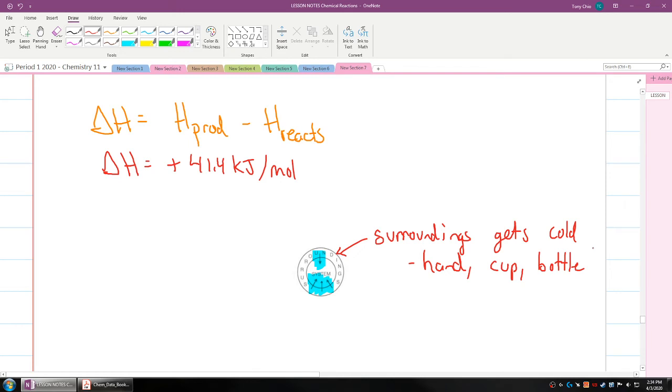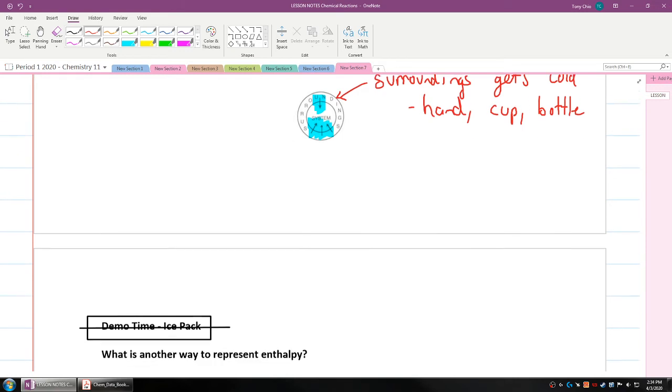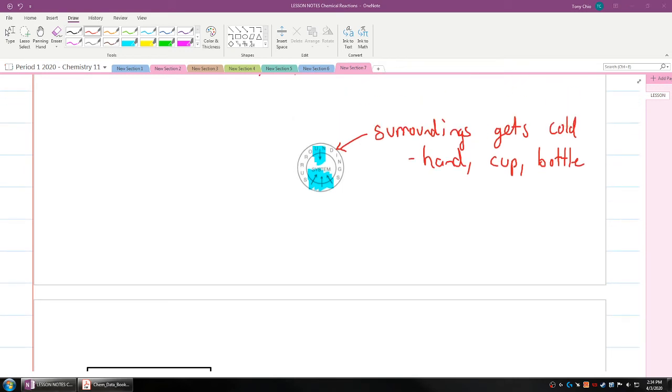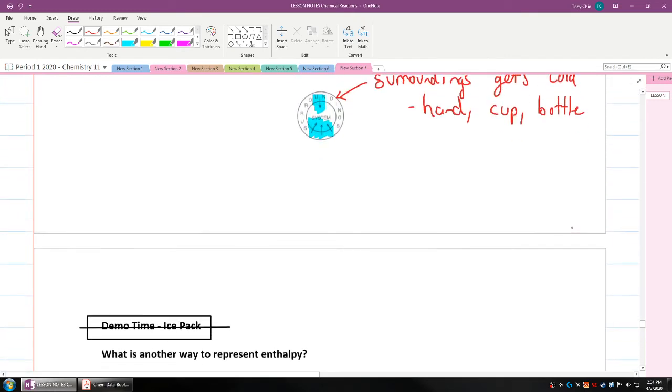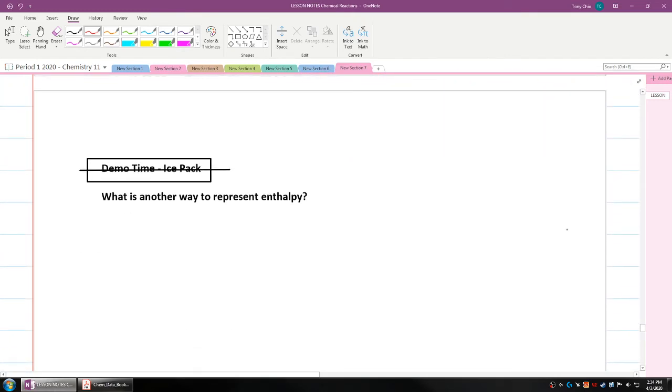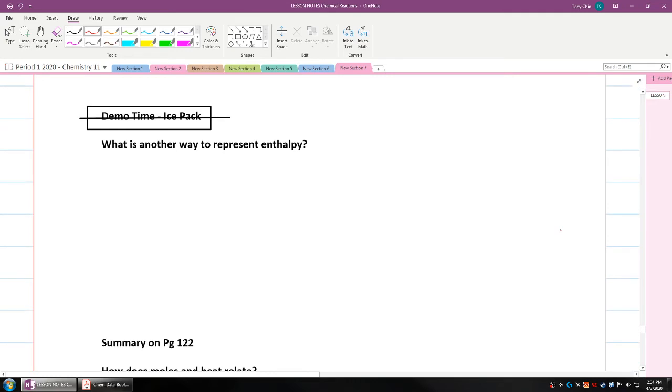All right. So now we're going to progress using these thermochemical equations, and now we're going to talk about it in terms of calculations. Now, there's usually a demo I would do with an ice pack if this was in class, but I'm just demonstrating to you how ice packs work. If we have time in the future, we'll do a demo of the ice pack, but for now we don't. So is there another way to represent enthalpy? And there is.